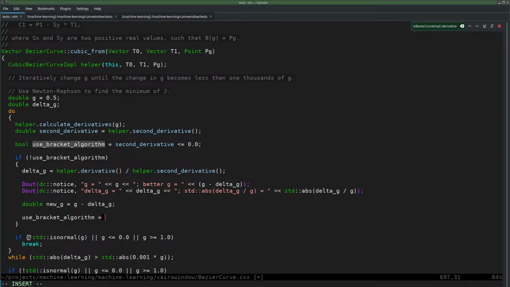See, when is delta G not normal? The second derivative is 0. So that should probably never happen. Could also be not normal, it's also infinity.